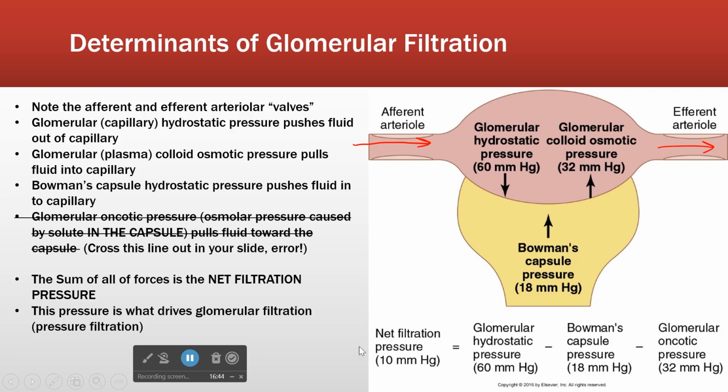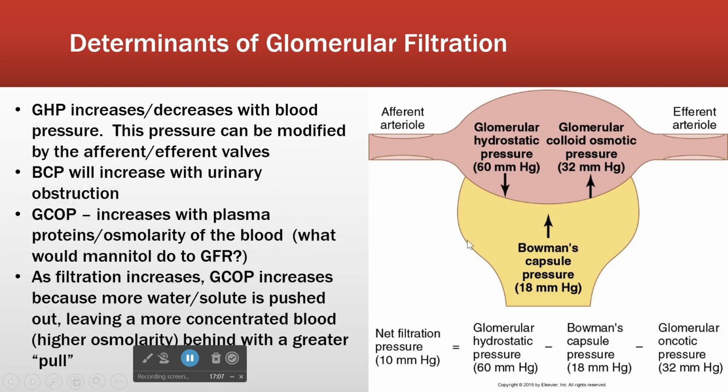This is the amount of pressure, all told, all summed up, that's pushing fluid into Bowman's capsule. This net filtration pressure is what's driving glomerular filtration, because that's the pressure behind the filter.